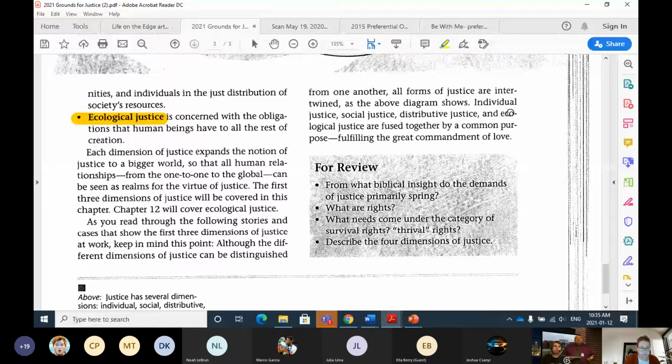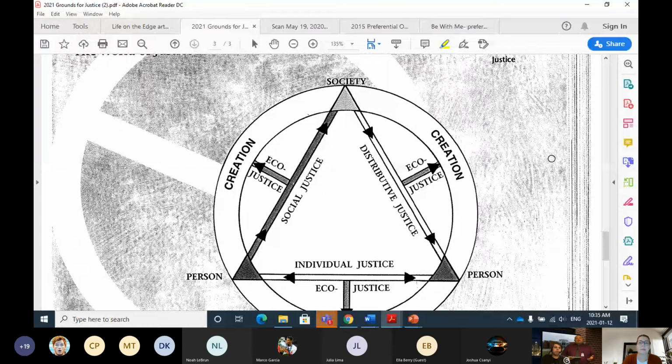So although, I'm going to highlight here so that we know, because you got to keep in mind here. So although the different dimensions of justice can be distinguished from one another, all forms of justice are intertwined. So as the above diagram shows, even though this diagram looks like something from Harry Potter, you can see the different types of justice, right?